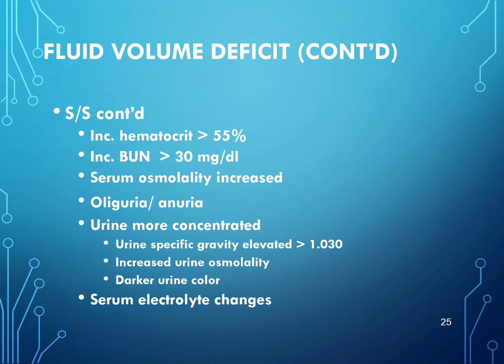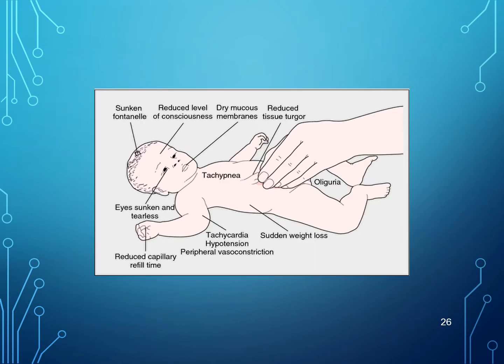And then we're also going to see serum electrolyte changes, which we'll go into in a little bit. Here we have an image of an infant that currently has fluid volume deficit. Take note of the sunken eyes, tearless crying, sunken fontanelle, and reduced level of consciousness.